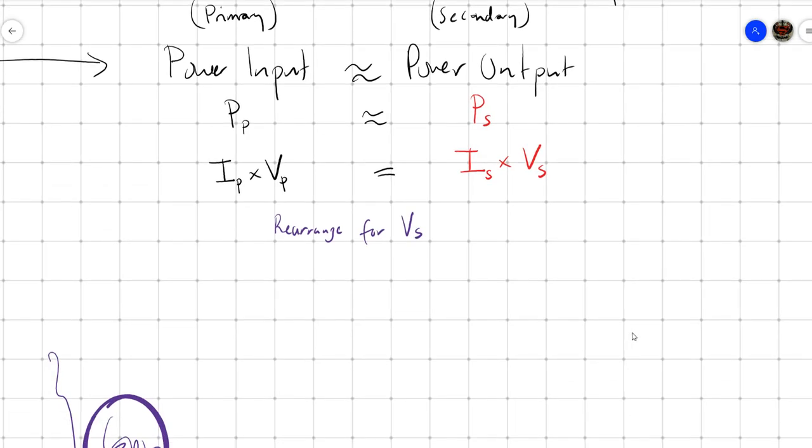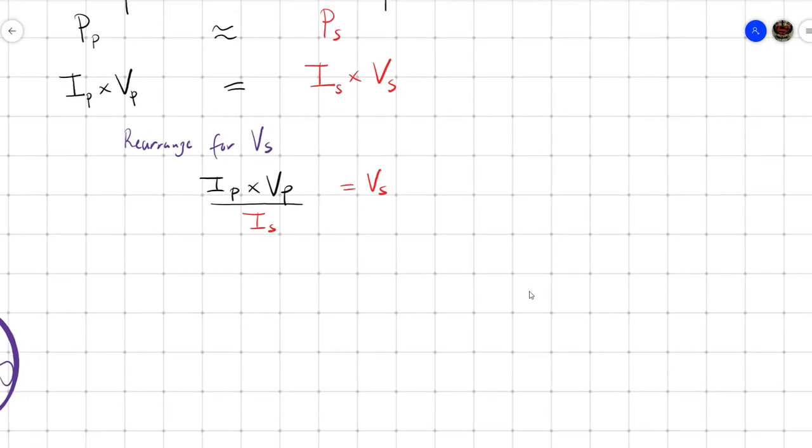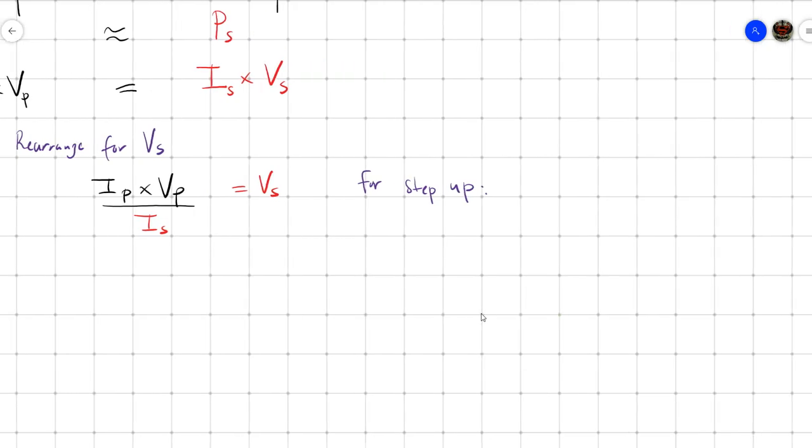So therefore, what we have is Ip divided by Is. Now, check this one out. So for a step-up transformer, Vs is going up.